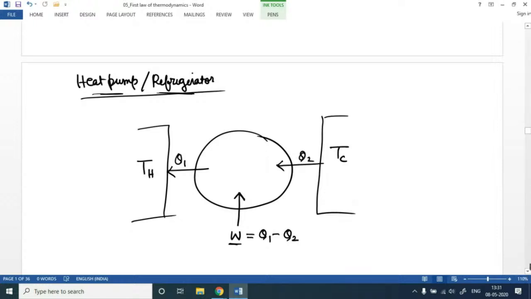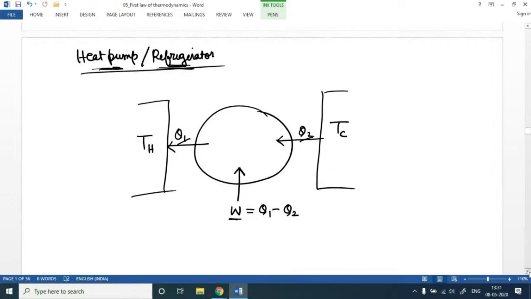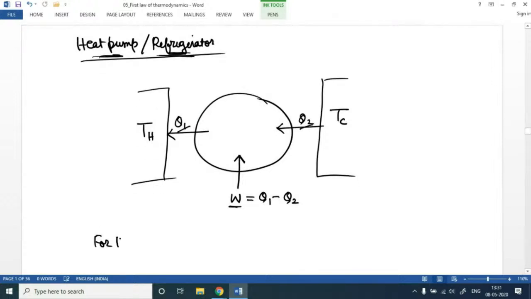Depending upon whether it is a heat pump or a refrigerator, we are interested in either Q1 or Q2. For a heat pump, as the name suggests, it is needed to heat some cold region. For example, we have a room and we want to heat it, and the surrounding is cold.